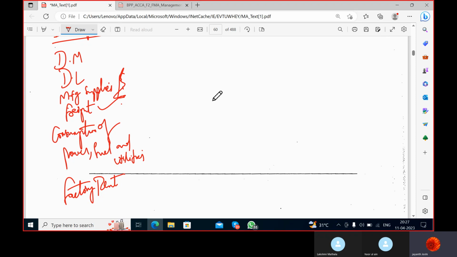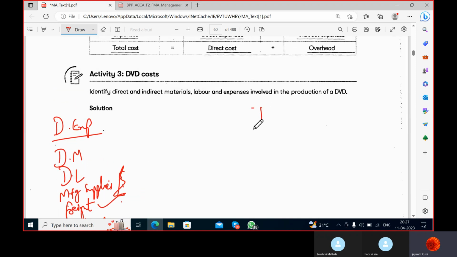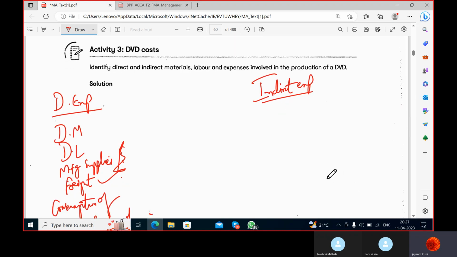So prime cost is a combination of all this: direct material, direct labor, manufacturing supplies, fuel or power consumption. And then comes the indirect expenses. Generally, factory rent is also a kind of direct expense only. What can be examples for indirect expenses?